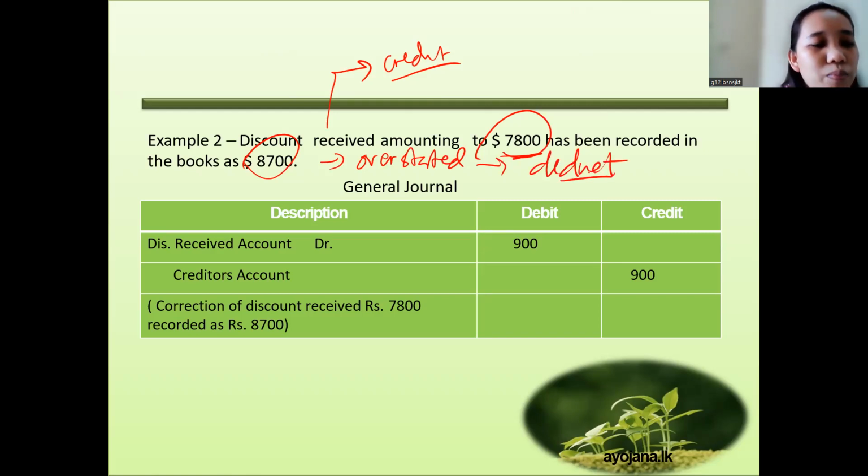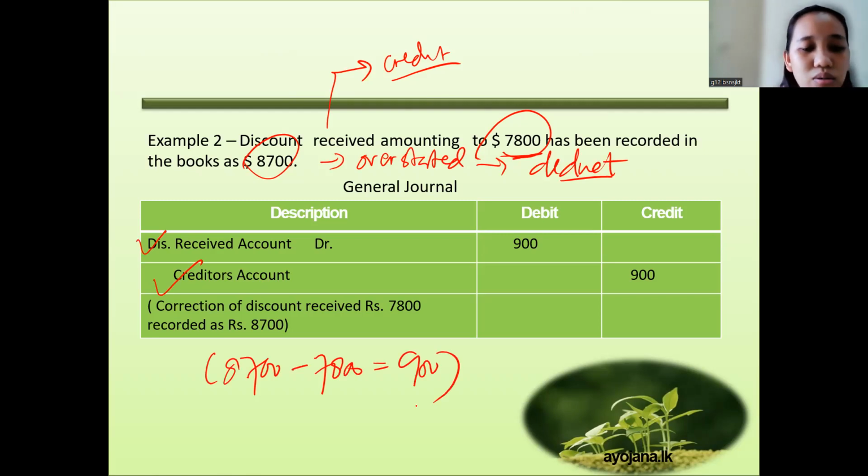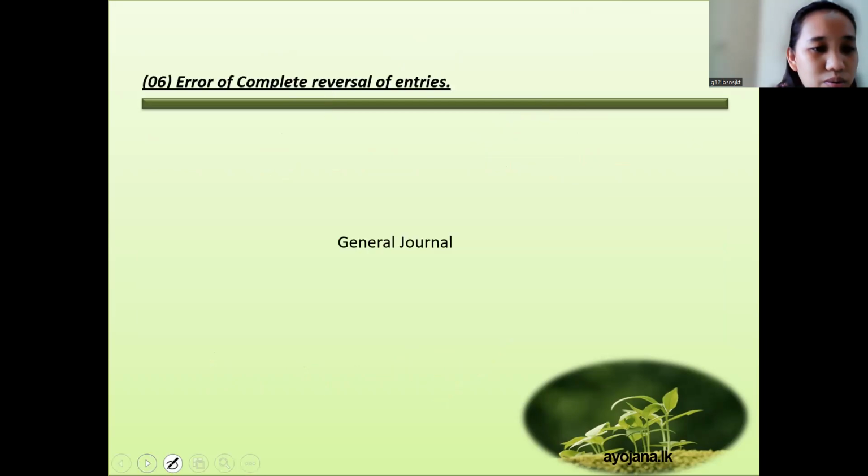Deduct the credit account, so we put on the debit side, and then here the creditor we also put on the credit side. How much? 8,700 minus 7,800. That would be 900. So the difference we put on the debit side and credit side: debit discount received and creditor's account or supplier's account on the credit side. That will be for compensating error.